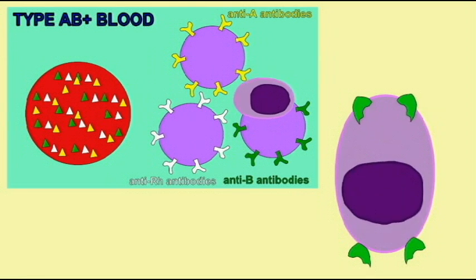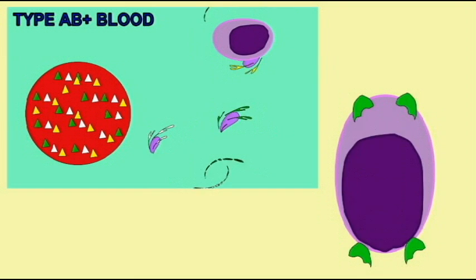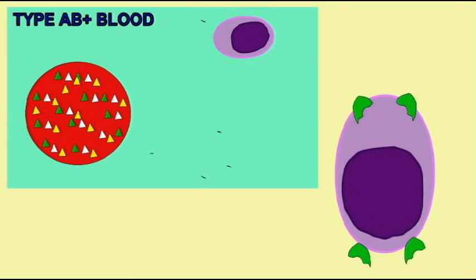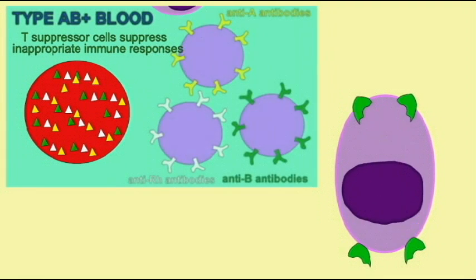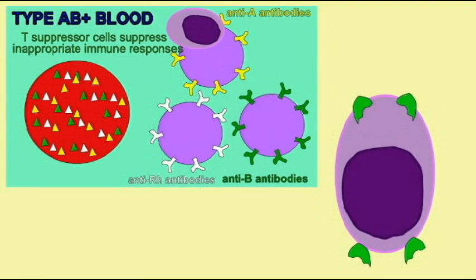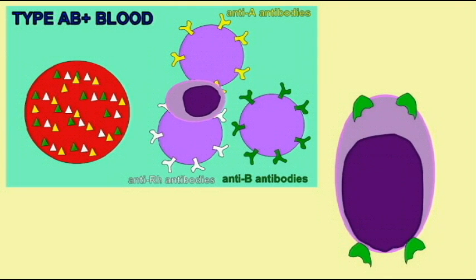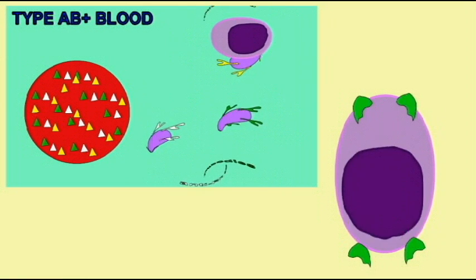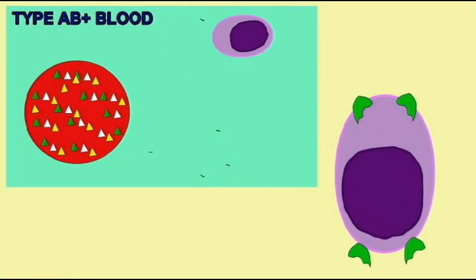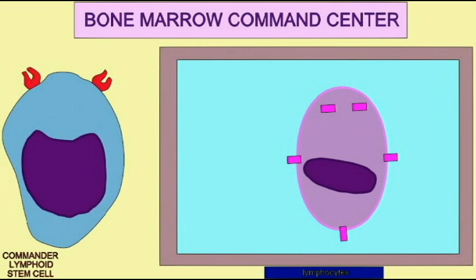And so if there's ever a lymphocyte which recognizes self as foreign and is ready to attack the cells of the body, we have to suppress and inactivate them so that they never see any action. That's one of the jobs of the T suppressor cells, to inactivate any lymphocytes reacting against self and thus prevent autoimmune diseases.